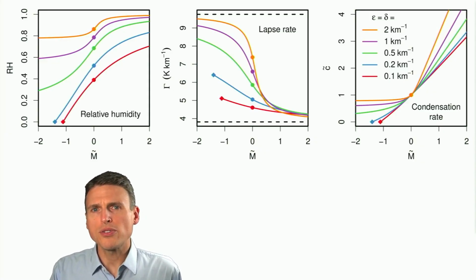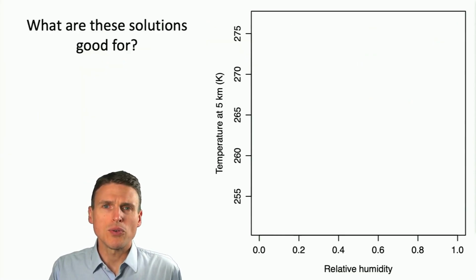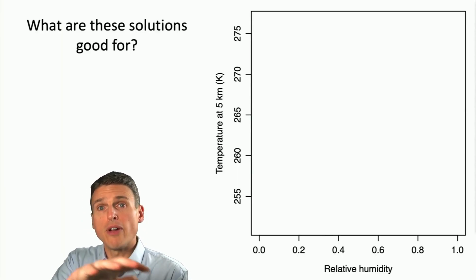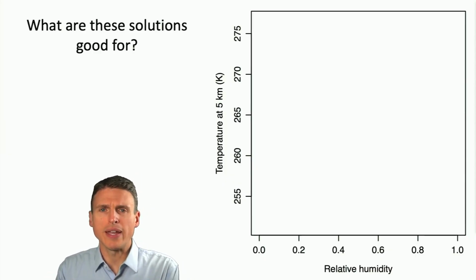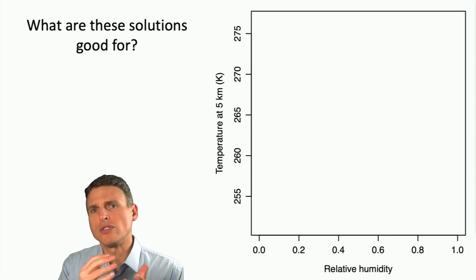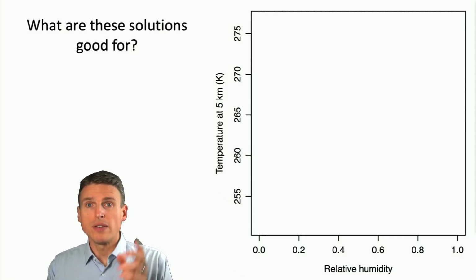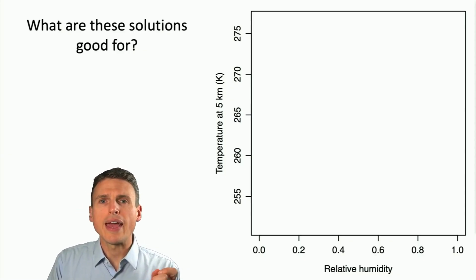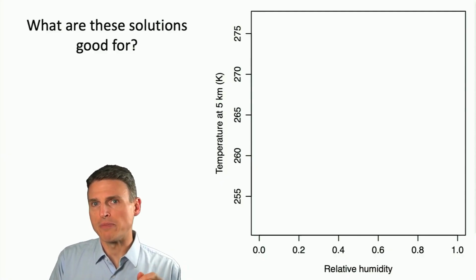So what are these solutions good for? Well, one could have the idea that perhaps these solutions would tell us about variability within the tropics. So if that's what we want to get at, we would want to look at different relationships that the model predicts. Say, for example, between temperature in the mid-troposphere, here at 5 kilometers, and relative humidity at that same height.